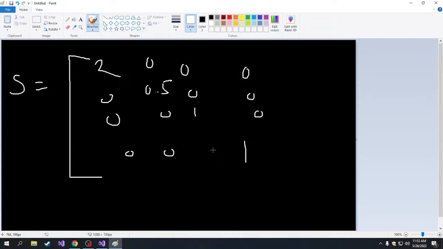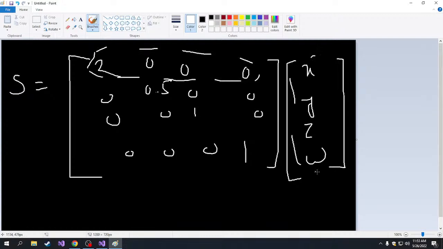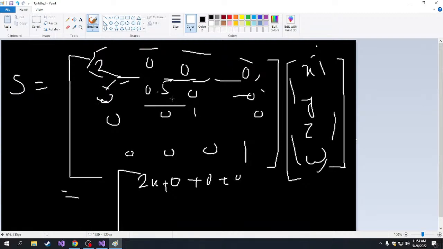Okay, and this is our scaling matrix, because remember, when we multiply this with this matrix x, y, z, w, what's going to happen is this is going to get multiplied with this. Okay, so what you get is 2 times x is 2x, plus 0 times y is 0, plus 0 plus 0, we get 0, and this gets multiplied with this. So 0 times x is 0, plus 0.5y, plus 0 plus 0.